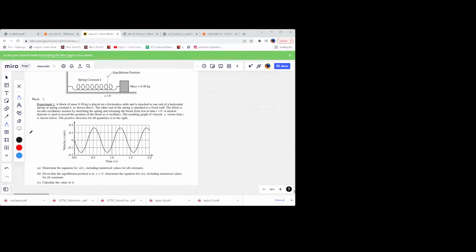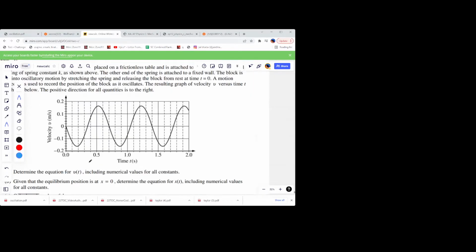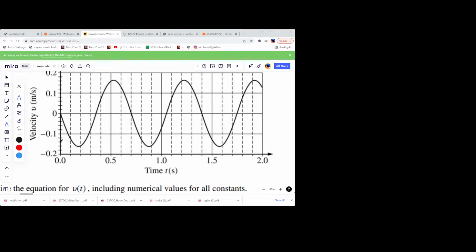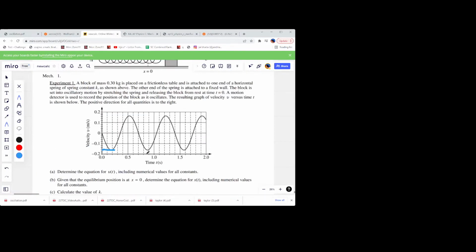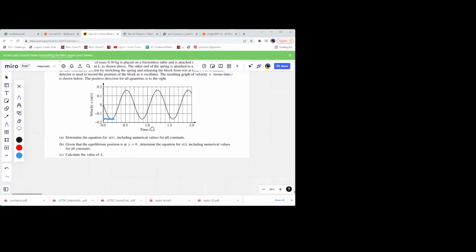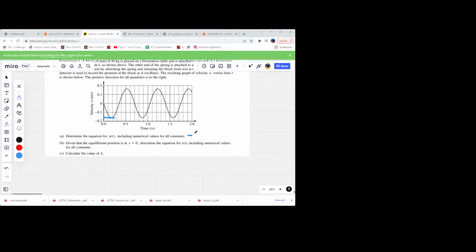Okay, so the amplitude is what? 0.12, 14, 16, 18. Okay, so it's 0.12, 0.14, 0.16. So it's minus 0.16.